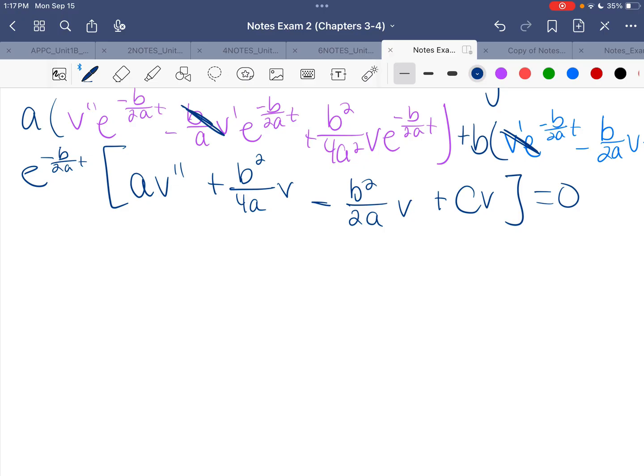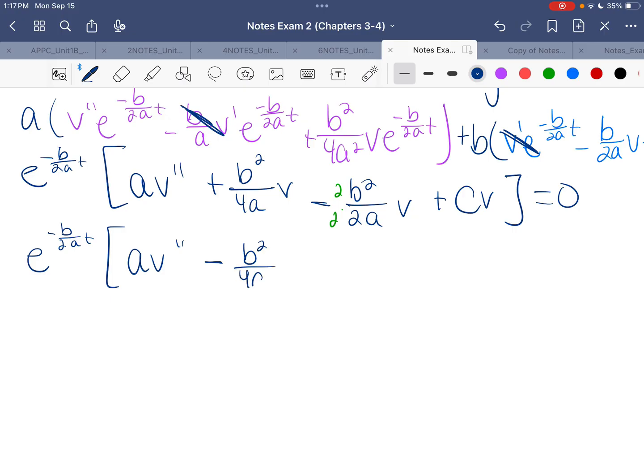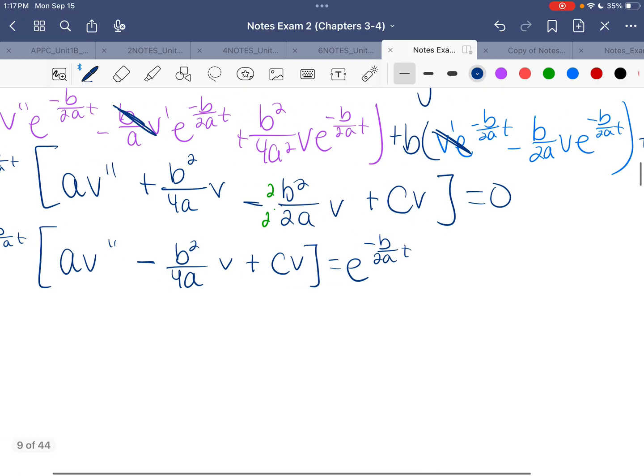Okay, so then if we get common denominators here, I'm going to have minus b squared over 4a v plus c v, which let's simplify that. Let's factor out the v, and maybe get common denominators.